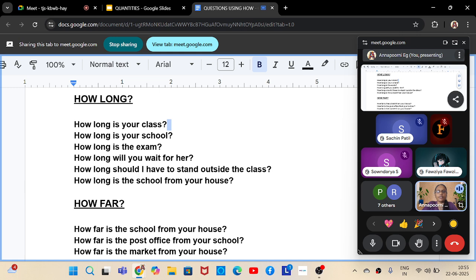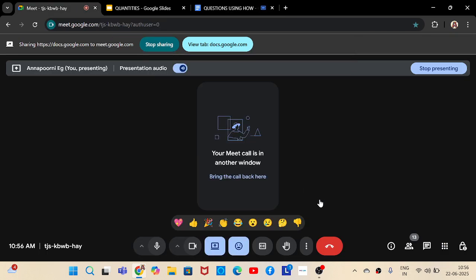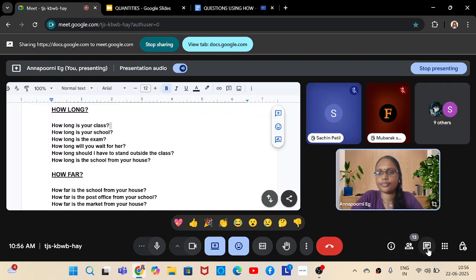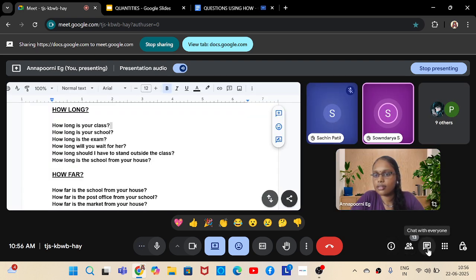Okay, Soundarya, you have a doubt in how long. In which question do you find a doubt? Yes, ma'am. How long is the school from your house? It means that I'm asking the time taken to travel to your school from your house. That's it. Okay, so how long is it from your house? Around 15 to 20 minutes.